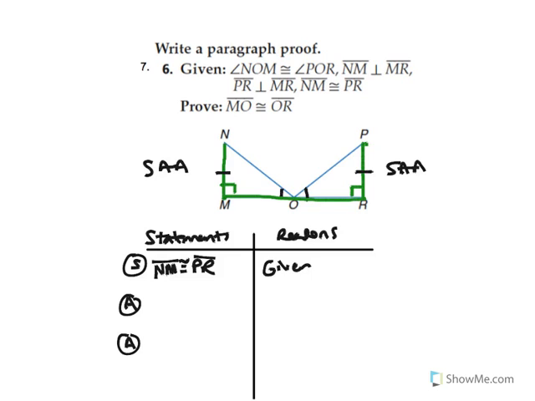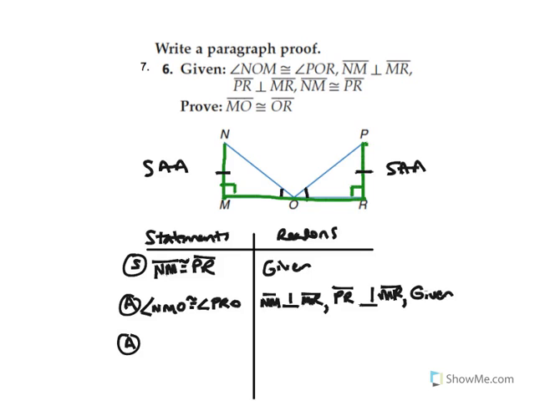The next thing we have to prove is angle. We know that angle NMO is congruent to angle PRO. And the reason is NM is perpendicular to MR. PR is perpendicular to MR. Those are given, and they're both 90 degrees.